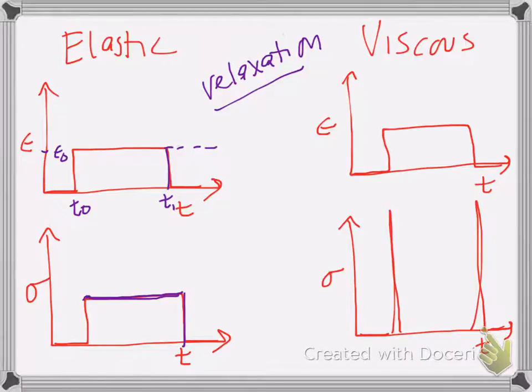The viscous is a little harder to actually do a relaxation experiment because it's very difficult to apply a step change in strain for a material that really likes to deform according to the strain rate.